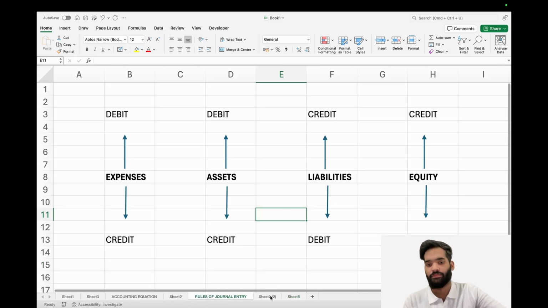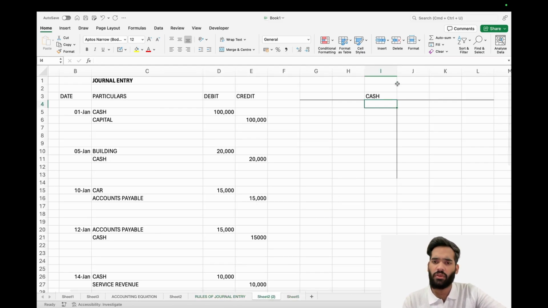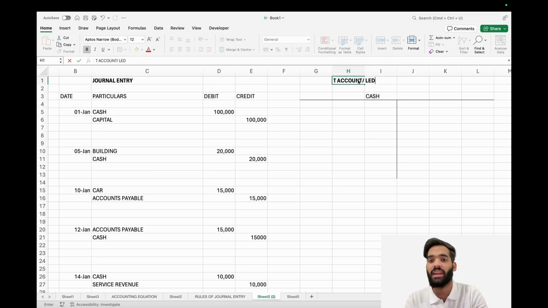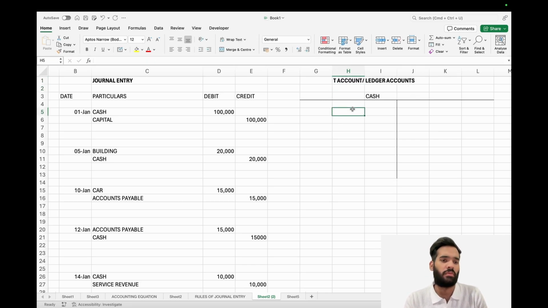Okay, so let's calculate cash. How do you do this? Now again, this is called a T account, and these are also referred to as ledger accounts. It's always good to know all of the terms we use. If you're doing a cash T account or any T account, all you have to understand is that we look at the journal entries.